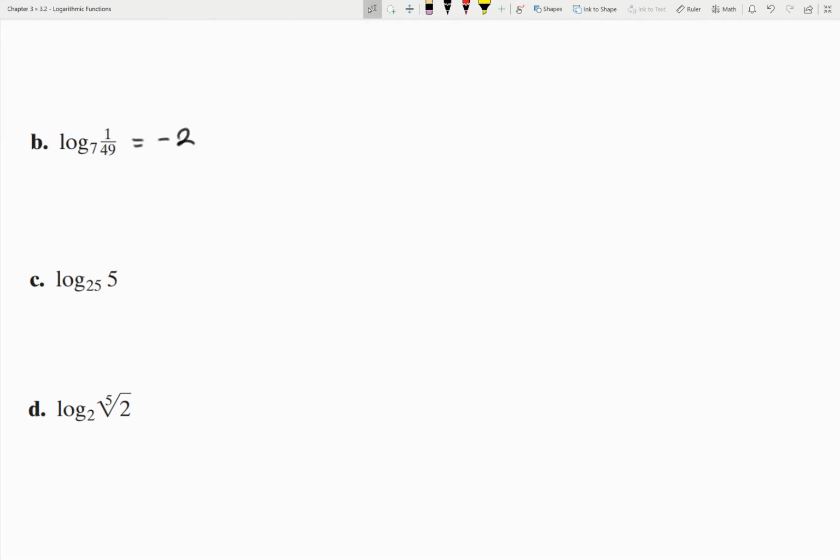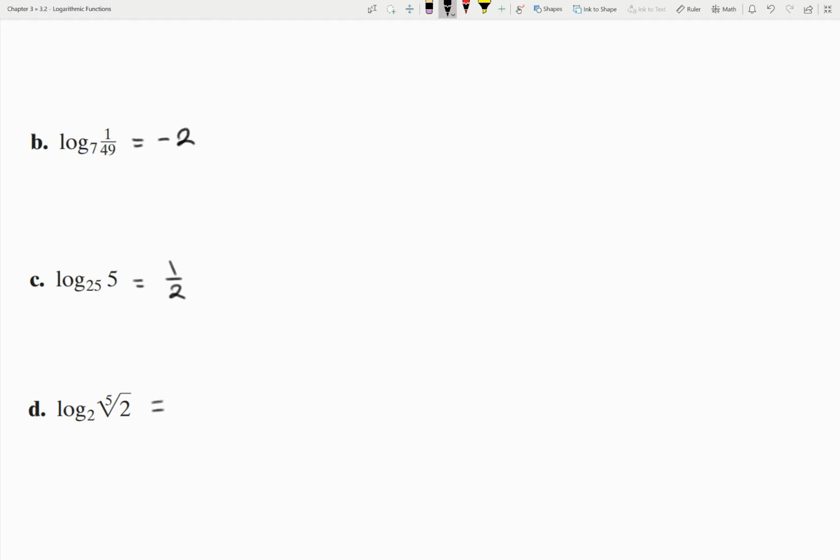Log base 25 of 5. What power do you raise 25 to get 5? Now we're getting smaller, not fractions, but we're making the base a smaller number. We use roots, fractional exponents. Fractional exponents are roots.